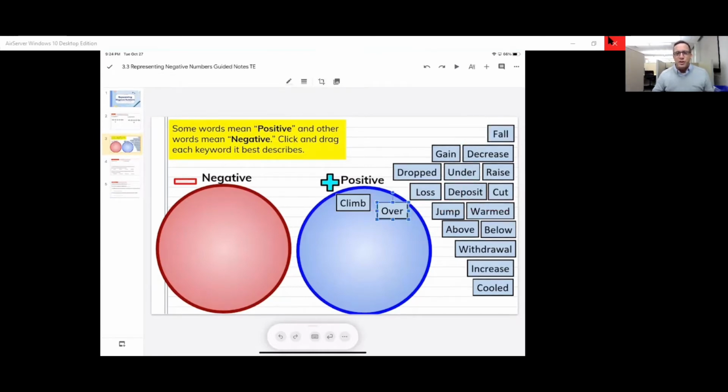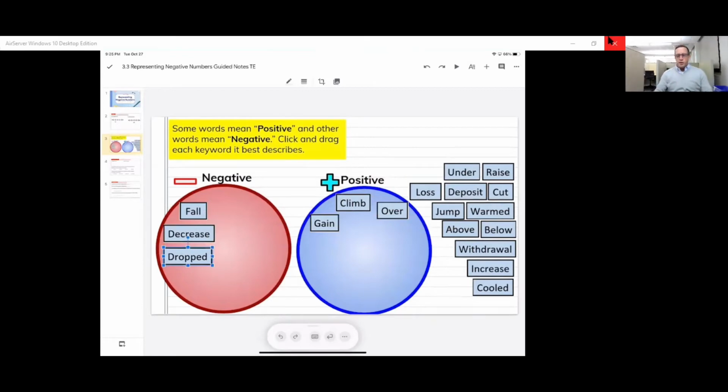Hopefully I can fit these in. Fall, like a rock is falling. That would indicate negative. So that's our first negative word right there. Let's kind of go through here. Gain definitely sounds positive. We're increasing there. Decrease is pretty literal, so that would indicate a negative word. Dropped as well, that sounds negative to me.